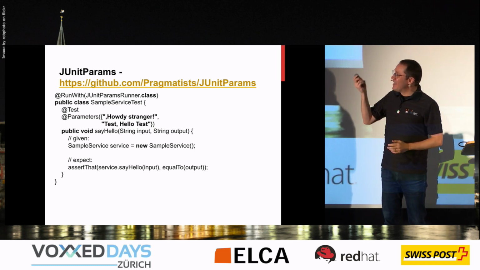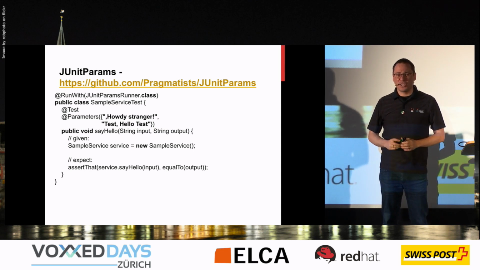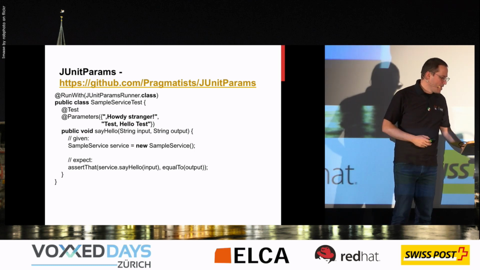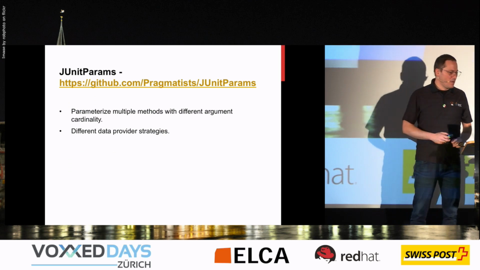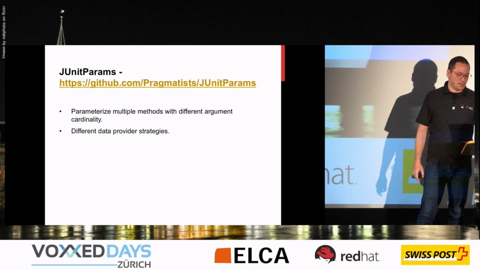It's quite good. Unfortunately, you have to use a custom runner. So if you're running a test case with another particular runner, this might not work for you. But I have found this to be a good replacement for JUnit 4 standard parameterization.